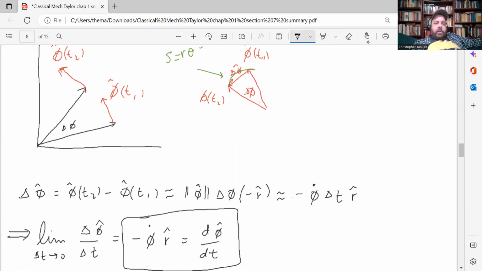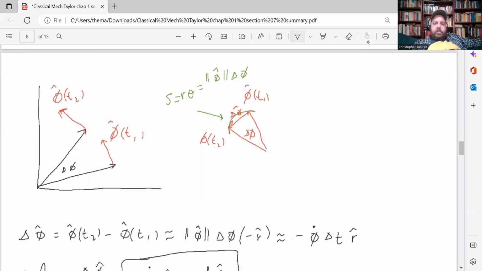Okay, so using a similar argument, again, just going up here. This is phi hat t1, this is phi hat t2. If you put them together with their bases over here, you get a triangle. And the sides of the triangle here are both length 1 because phi hat has unit length.